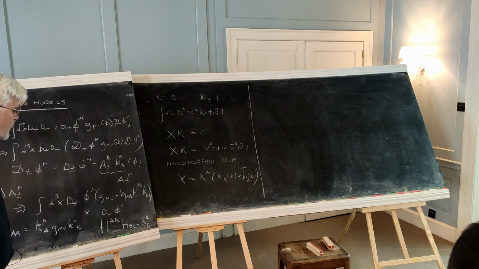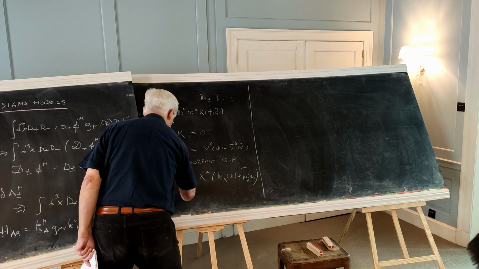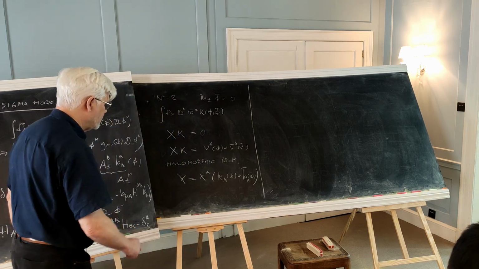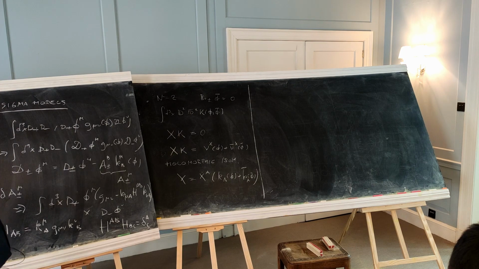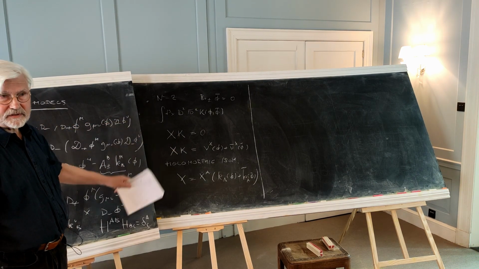So this is in holomorphic coordinates. Here the coordinates are phi and phi bar. That's a special choice, but it's the choice which is very natural when we write down the sigma model like that.